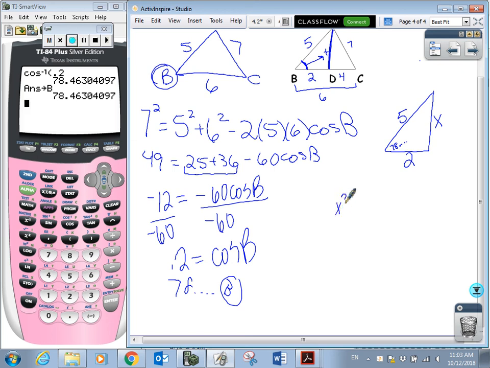So x squared equals each adjacent side squared minus 2 times each adjacent side, cosine of that entire number. Never ever type in rounded answers into your calculator. Ever, ever, ever. Only round at the very end.